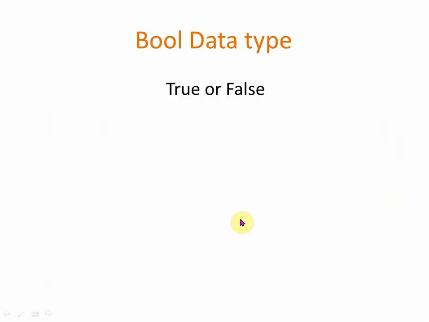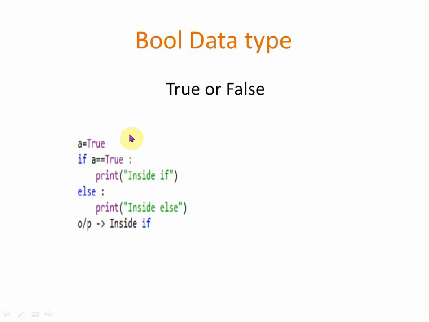Now there is a boolean data type. Boolean is just true and false, nothing else. You can see this code here. First, I assigned a equals true. This is if-else. If you are new to this, don't worry, I'll explain if-else in detail in upcoming videos.